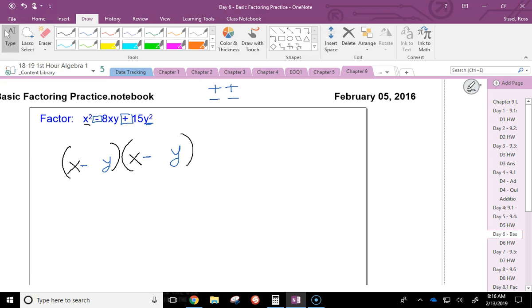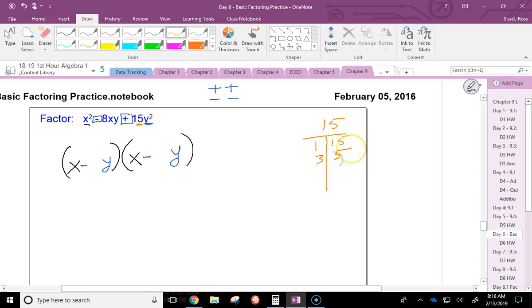Now what I'm going to do is the same process we did before. Find the factors of 15. 1, 15, 3, and 5. And because we have chosen to be subtracting, I have to look which 2, when I combine the 2, will give me 8. 5 and 3 will give me 8.